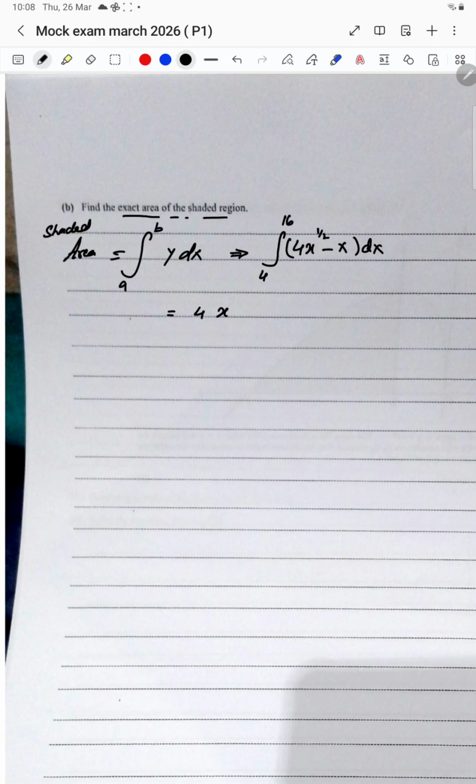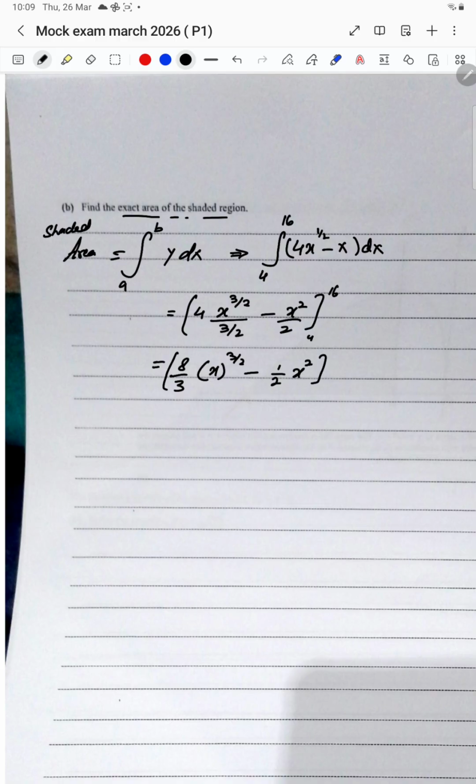4x power 1/2 becomes 4 times x power 3/2 divided by the new power, minus x squared by 2, with limits 4 to 16, so it will be 8/3 x power 3/2 minus 1/2 x squared, limits 4 to 16.